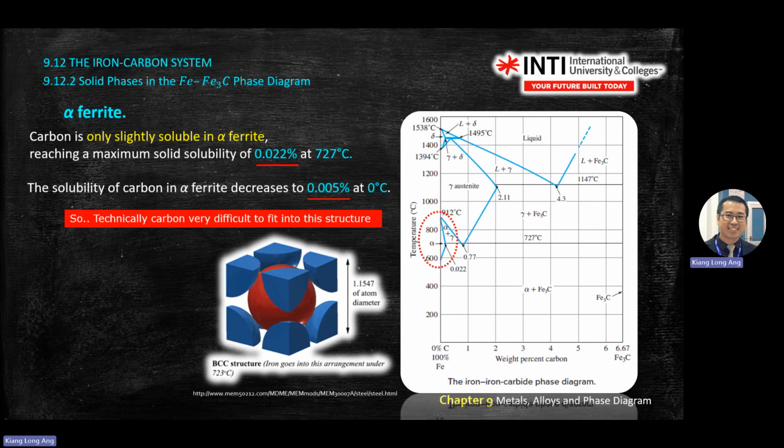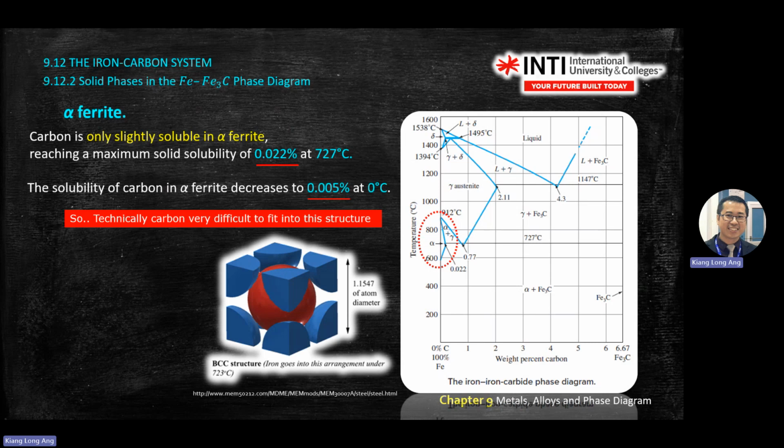It is BCC. So technically, carbon is very difficult to fit inside this structure. In chapter 2, we already gave you the radius of the carbon, and you already know how to calculate the diagonal distance, A and R, for BCC. If you draw this diagram and cut it out, you should be able to find the space here.